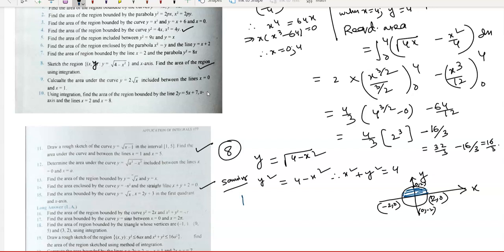So write required area is equal to the integral from minus 2 to 2 of y dx.